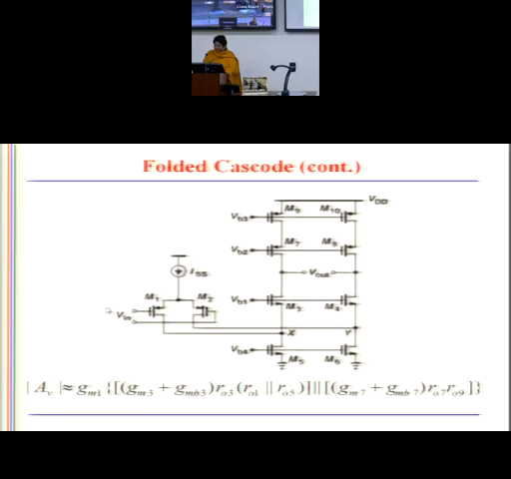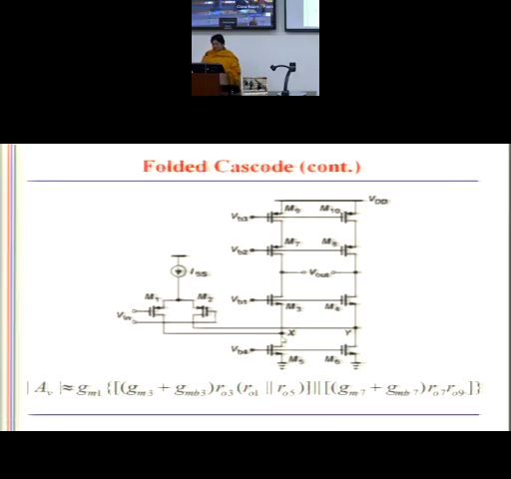So Cx you estimate: CGD coming from M5, C drain bulk from M5, C gate source from M3, C source bulk from M3, C drain bulk from M1 and CGD from M1, plus interconnection parasitics.